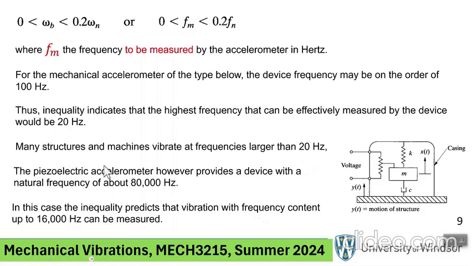For such a piezoelectric accelerometer, the natural frequency is about 80,000 hertz. So this Fn is 80,000 hertz. That restriction tells you that you can measure vibrations up to 80,000 times 0.2, which is 16,000 hertz.